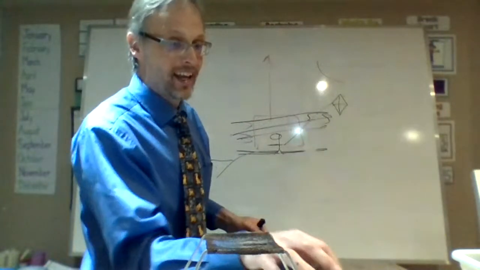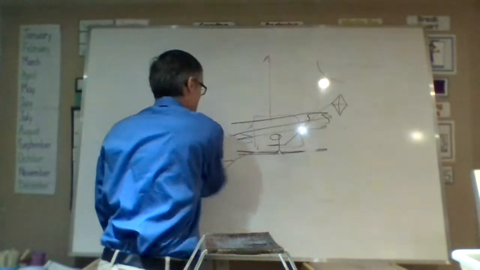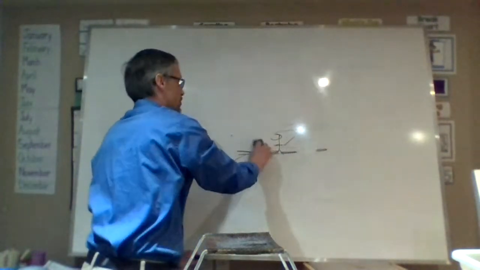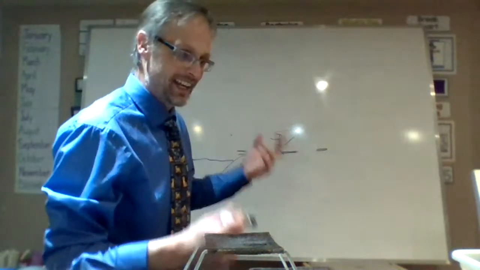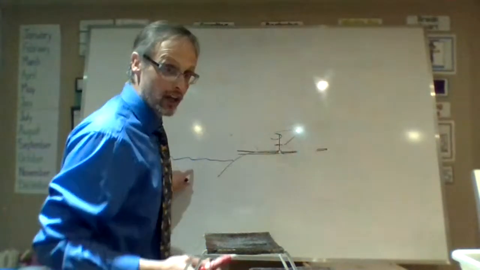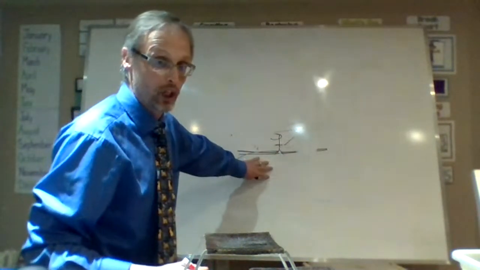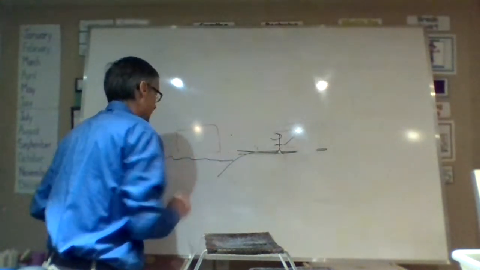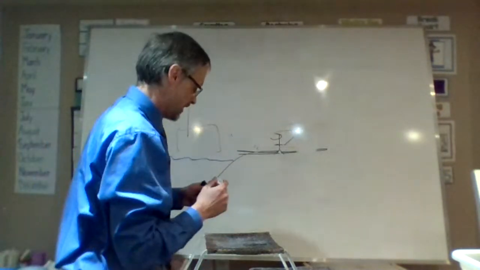Now, what's cool is that sometimes at night, the opposite happens. So this was called an onshore breeze. At night, the land cools off really quickly, so the water ends up being warmer. So the air above the water ends up being hotter, and it rises.